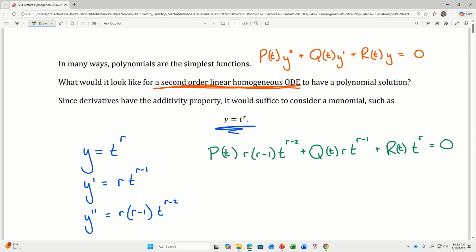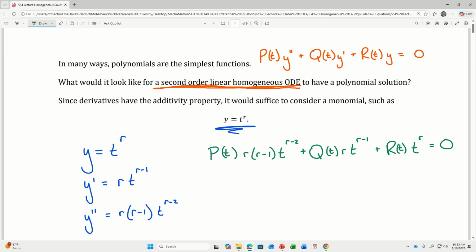This has to add up together to equal 0. And it's not just equal to 0 for some value of t, but it's supposed to be identically equal to 0 for all real number values of t, is what I mean by that equal sign.